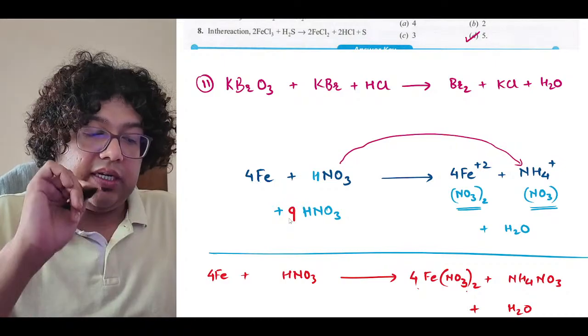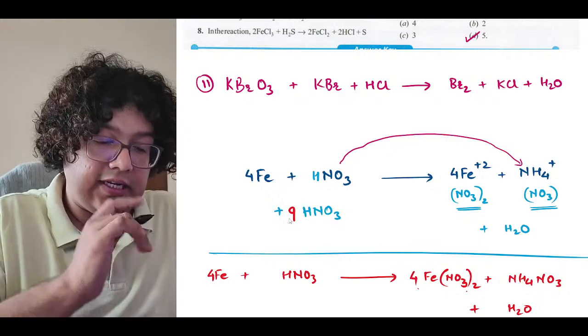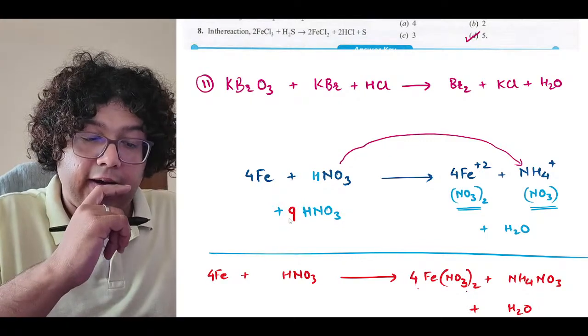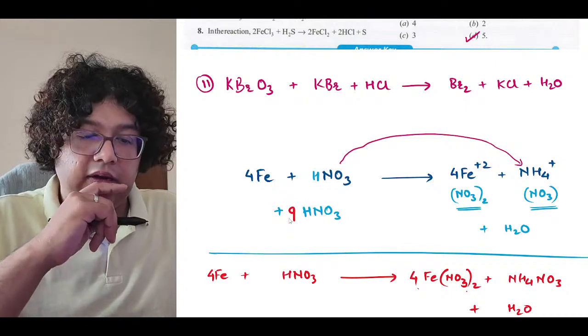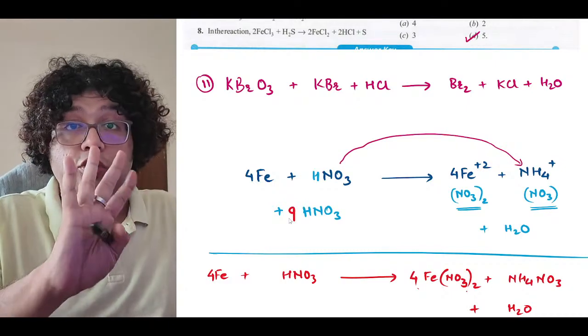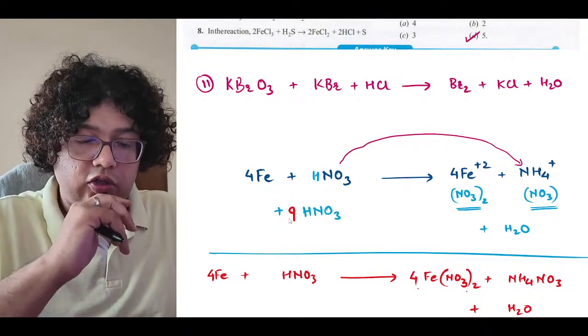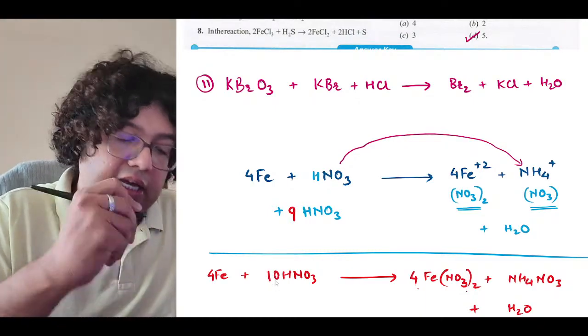So there are total 10 HNO3 molecules on the reactant side. On the product side, I think iron is balanced. Ammonium nitrate also balanced because only one ammonium has to form from using 4 iron atoms. So that's also sorted. We'll think about the hydrogen once we mention 10 HNO3 over here.